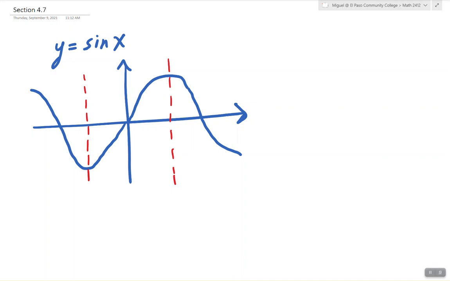So here I have a copy of all the y values that the graph has, but I'm going to just keep it to this piece. So if I define y equals sine of x just from here to here, then it does have an inverse function, because for that piece in the middle, I can draw horizontal lines as much as I want, and I'll never cross it more than once.